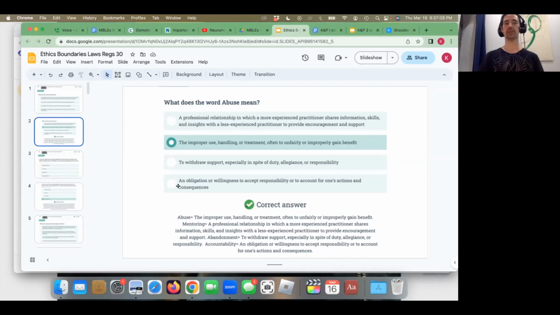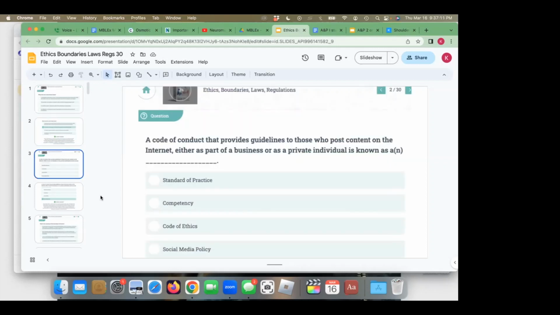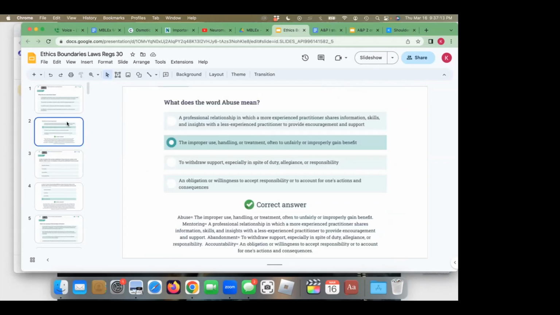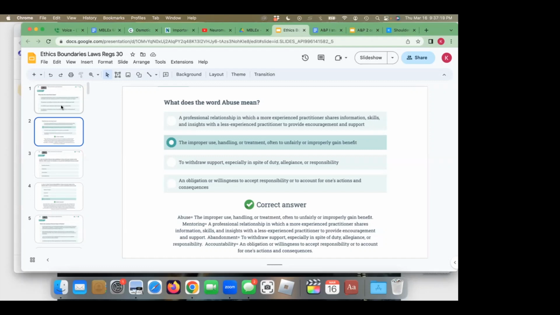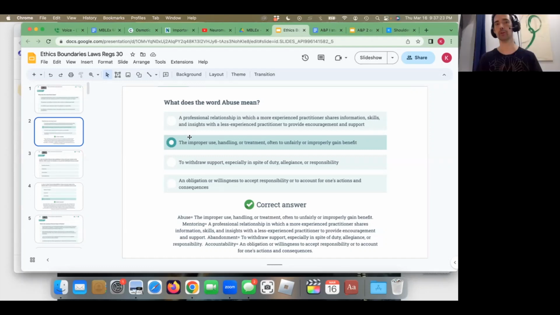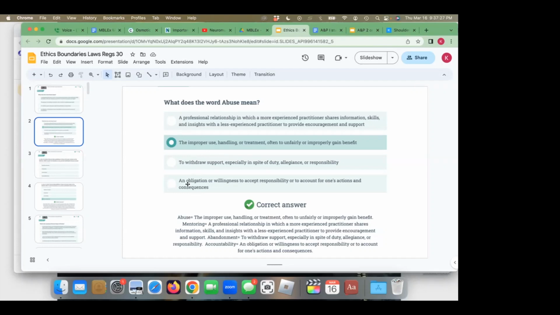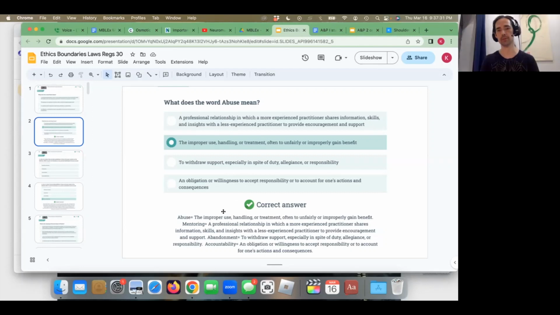There's more than one answer, correct? There's only one answer. Tell me why you think there's more than one answer. Because I thought all of them except A might have been the answer. You thought B, C, and D may also be the answer. Okay, so abuse means improper use, to use something that you're not supposed to use for benefit, right?